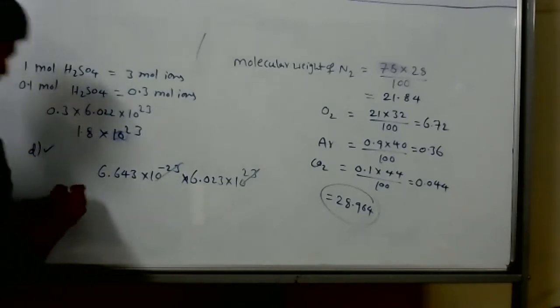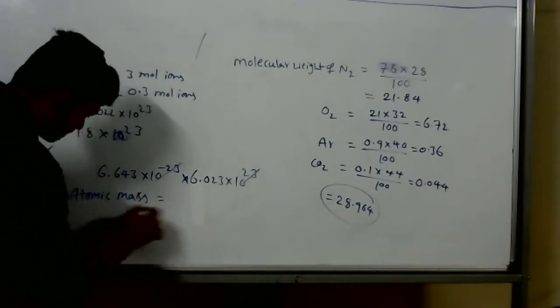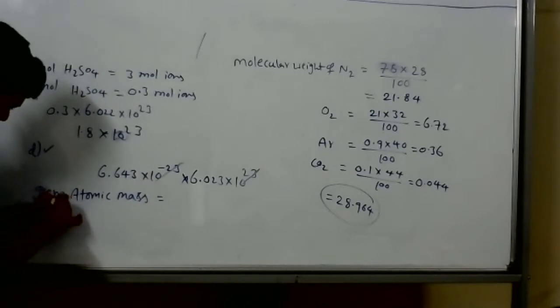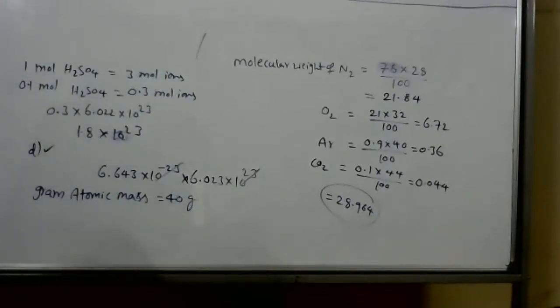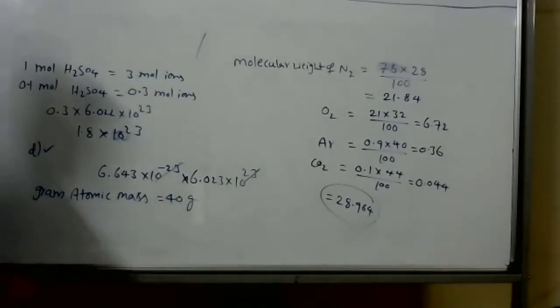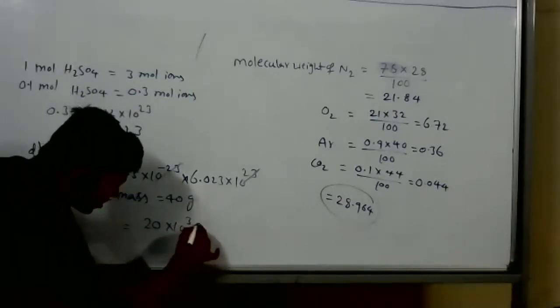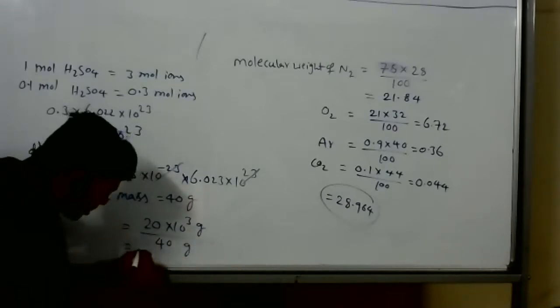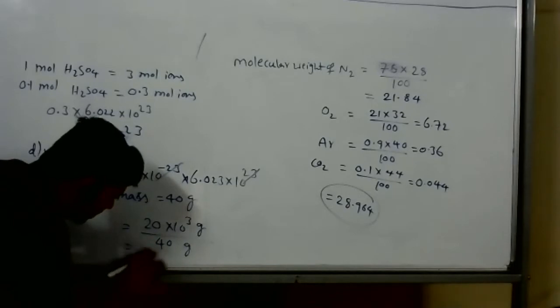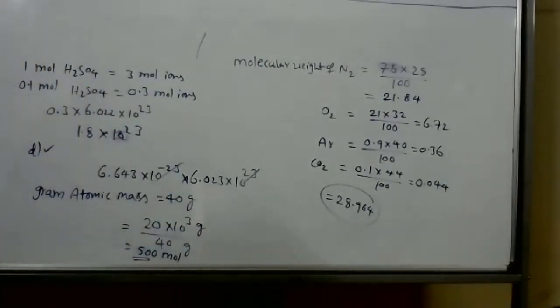So the gram atomic mass is 40 grams. Now the given mass is 20 kilograms, so 20 into 10 power 3 grams divided by 40 is 500 moles. So D is correct.